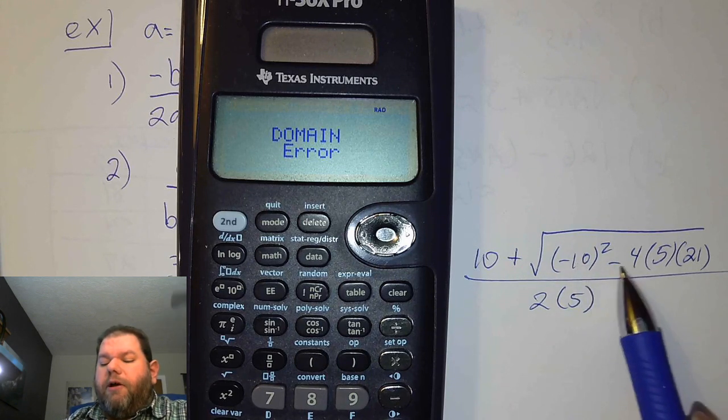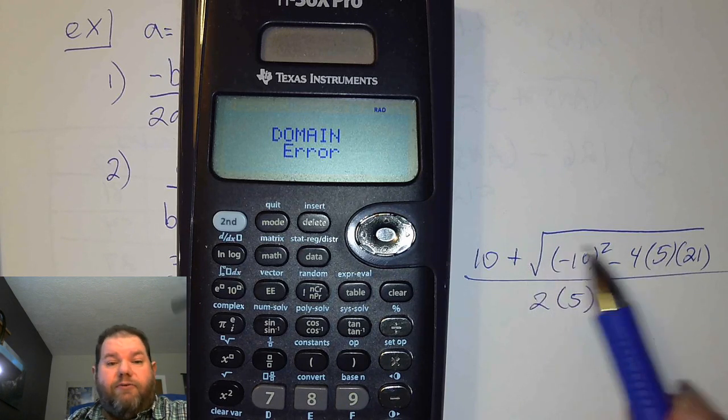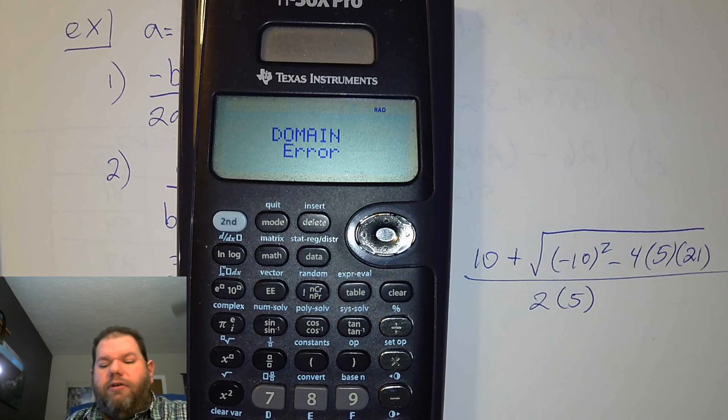So 100 minus 420 is negative 320. We take that square root and it's just not a real number anymore. That's what we'd call an imaginary number. We haven't talked about that yet, or I don't know if we will, but that's what the square root of a negative amounts to.